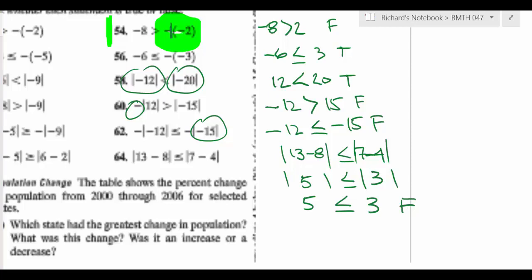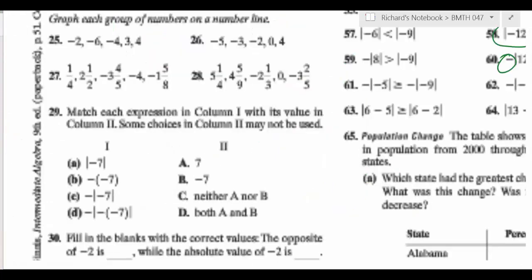I'm going to do one more example that students have problems with, number 29D. I'm going to evaluate it stepwise. I start with the negative sign on the outside of the absolute value sign and write down the question the way it appears.